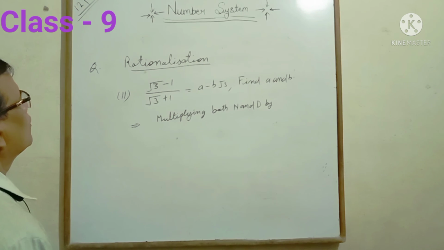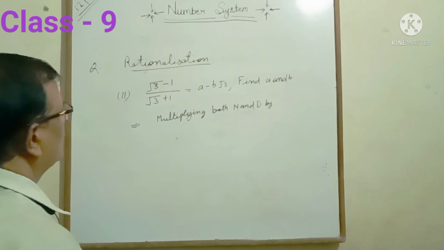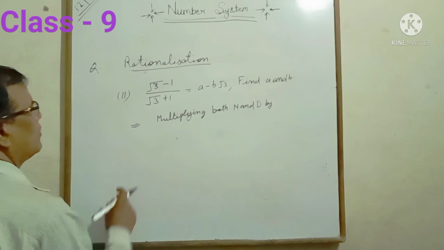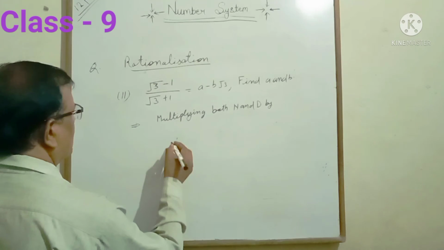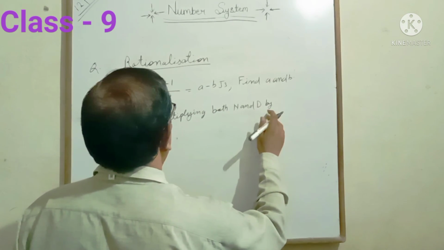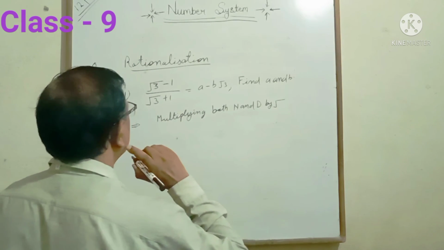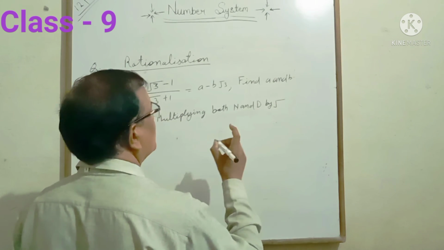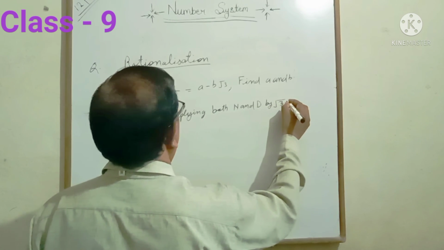The question is root 3 minus 1 upon root 3 plus 1 equal to a minus b root 3. First we rationalize the left hand side, then compare to the right hand side. Now we multiply both numerator and denominator by changing the sign of the denominator, not the numerator.